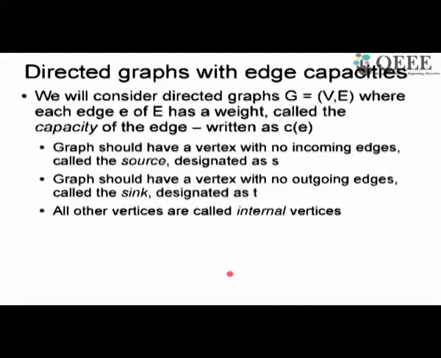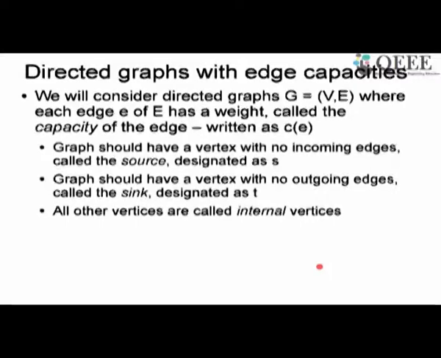But typically, when we look at flows, we think about a flow from a source node, or source vertex, to a sink node, which is represented by T. The source vertex is designated as S, and the sink vertex is designated as T. So typically, when we look at flows, we want a directed graph in which the edges are weighted by what are called capacities, and there is a specific node which is designated as the source, and there is another node which is designated as the target.